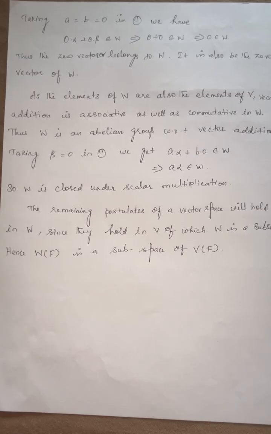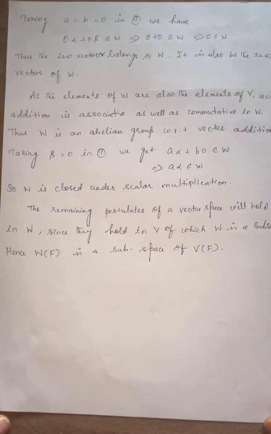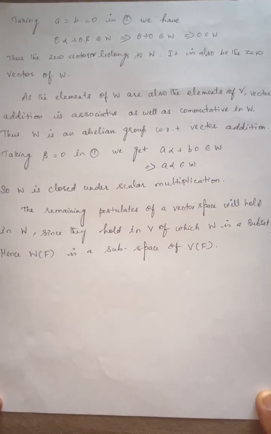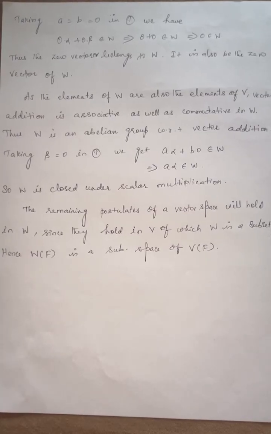As the elements of W are also elements of V, vector addition is associative as well as commutative in W. Hence, W is an abelian group with respect to vector addition. Now the last substitution: let us take beta equal to 0 in equation 1.